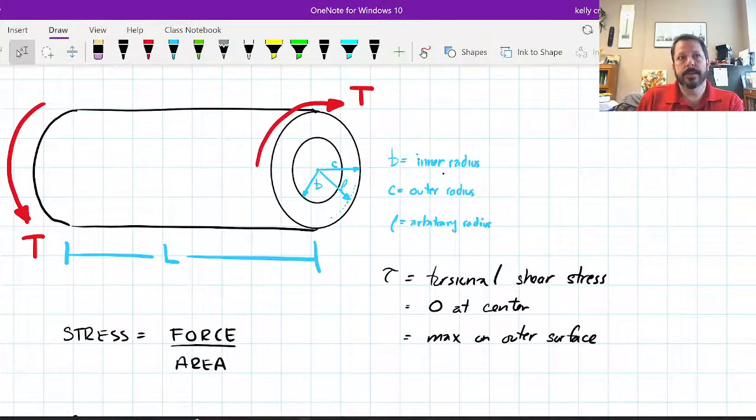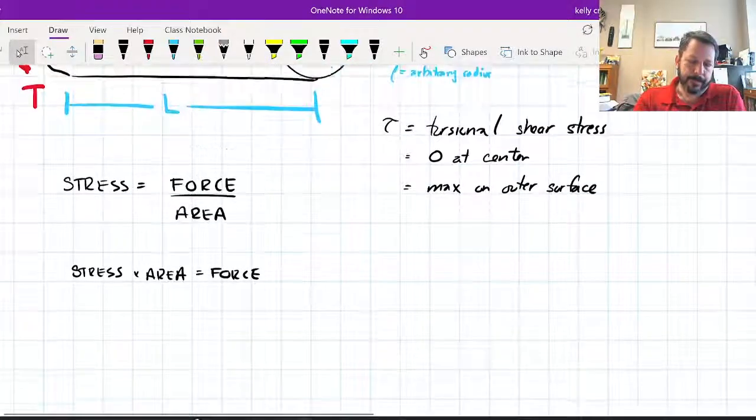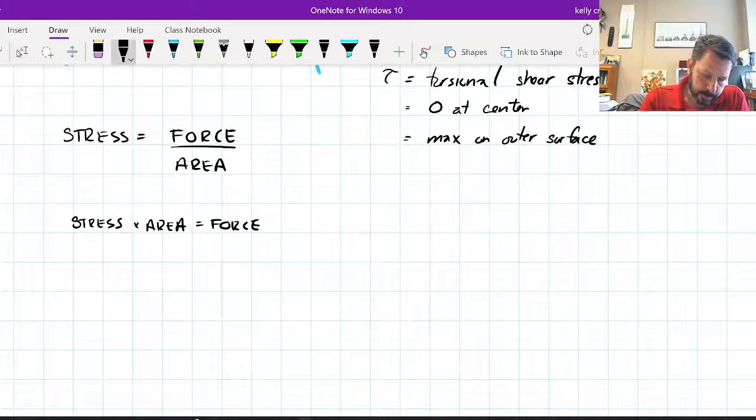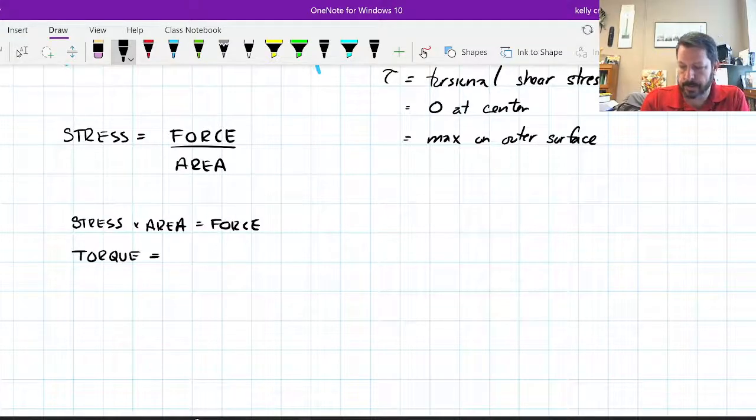A moment and a torque are exactly the same thing, and if you're looking in a physics textbook, they probably don't even bother with two separate ideas. But we just use it more as nomenclature, like semantics. But we do have this idea that a torque equals a force times a distance.